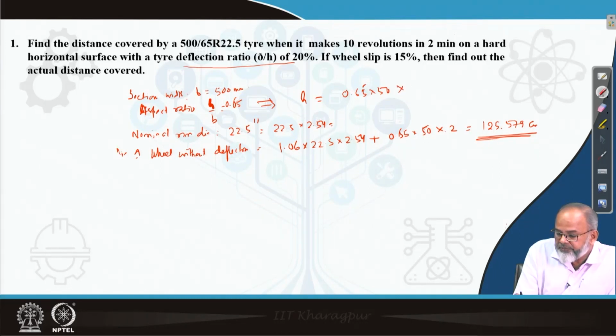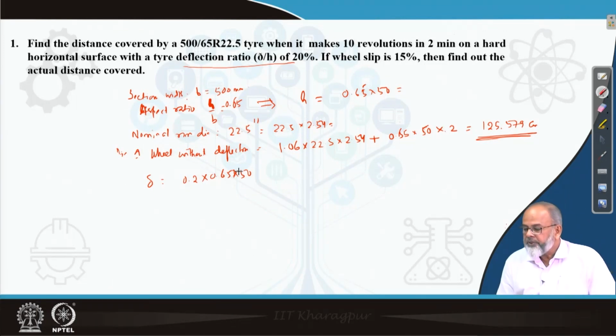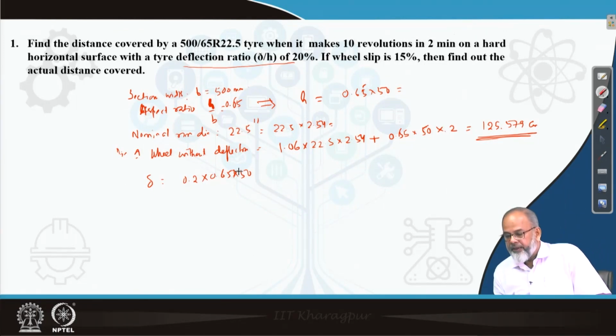So 20% of that, 0.2, becomes the deflection. This is the H value. Now delta will be 0.2 times 0.65 into 50. So this will be your delta.